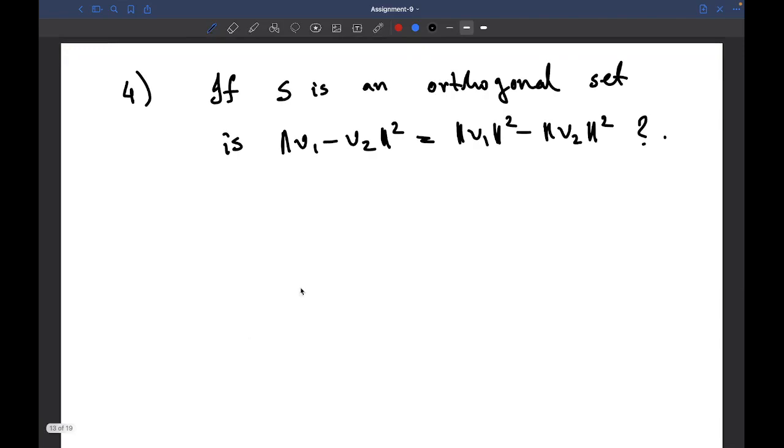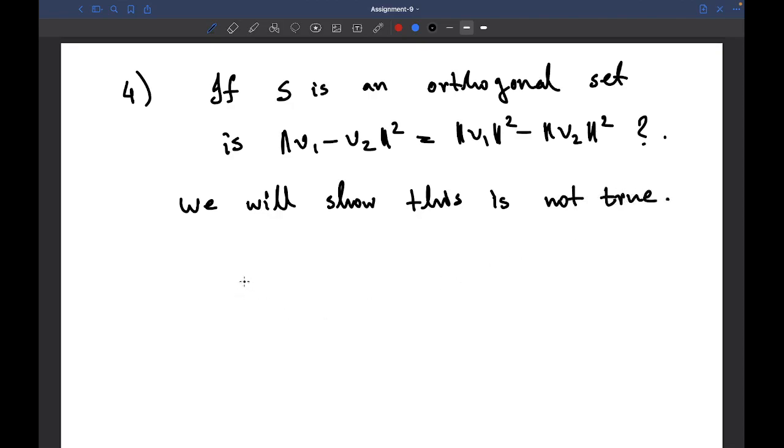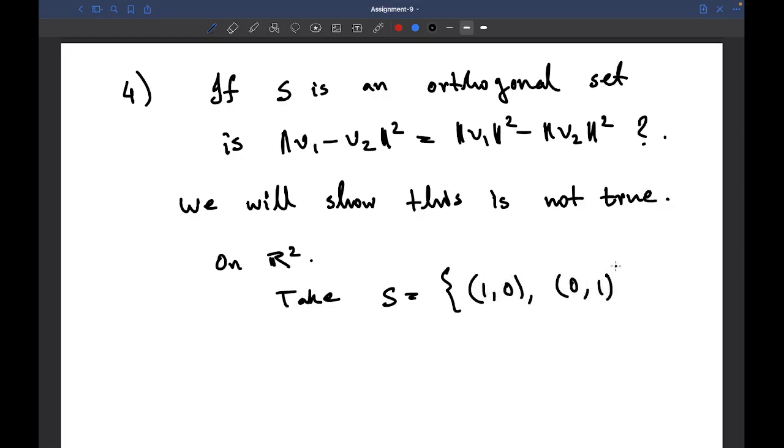So suppose we take this on R2, this is not true, right? On R2 we will show, take S to be (1, 0) and (0, 1).